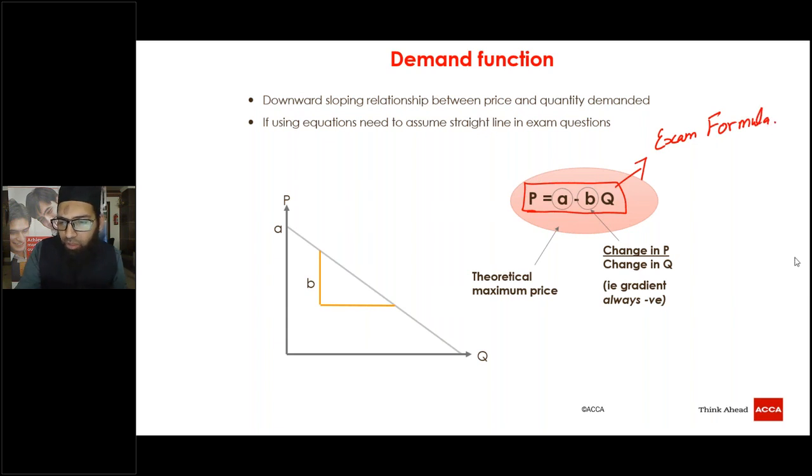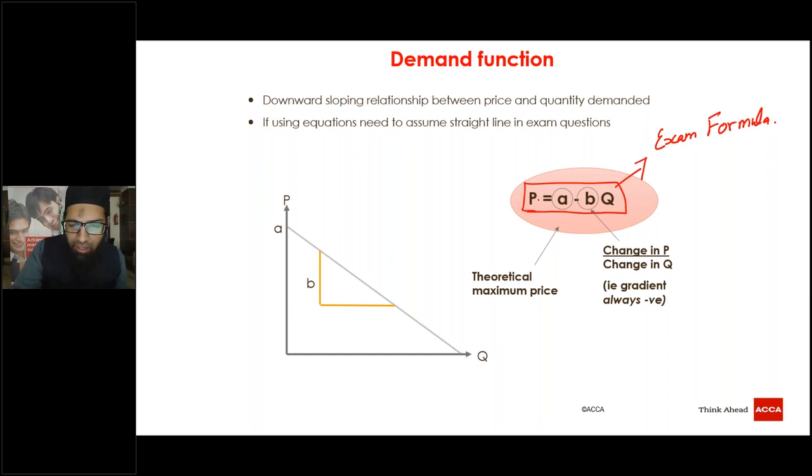Anyone? Yes, given in the exam. It is included in the exam. So you don't need to remember the formula of the demand function. It is given in your exam.